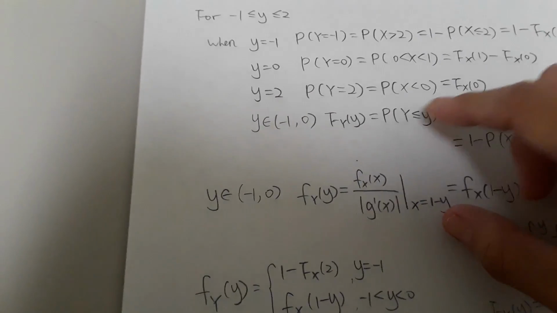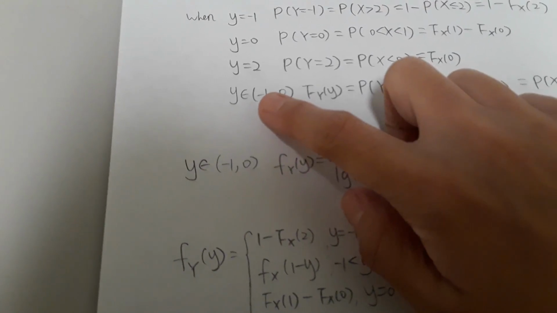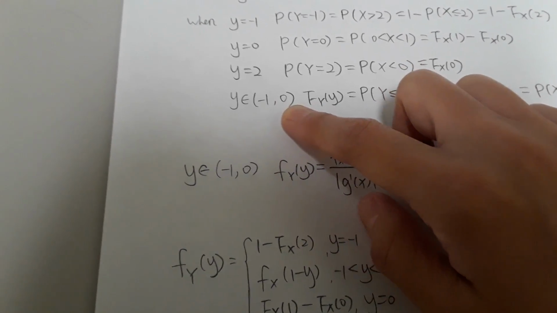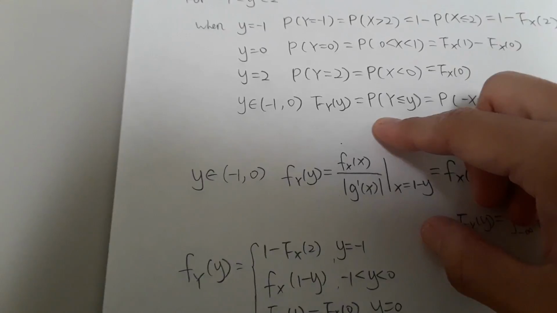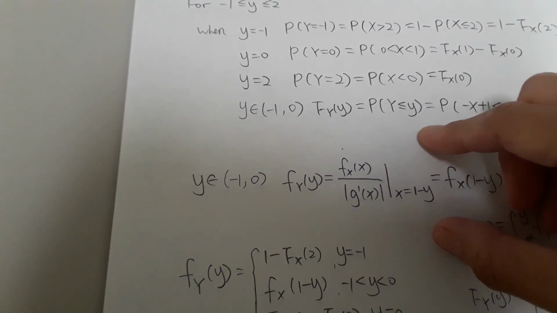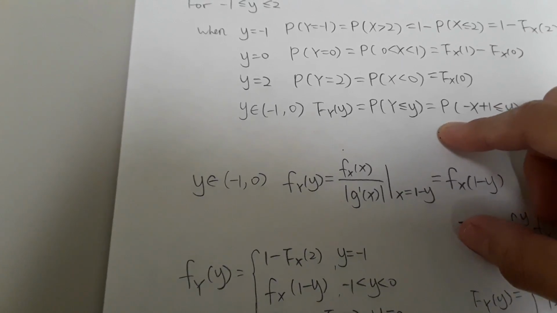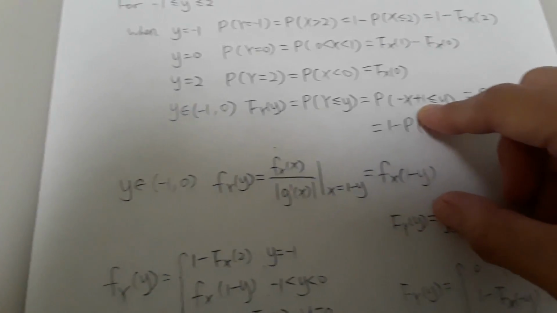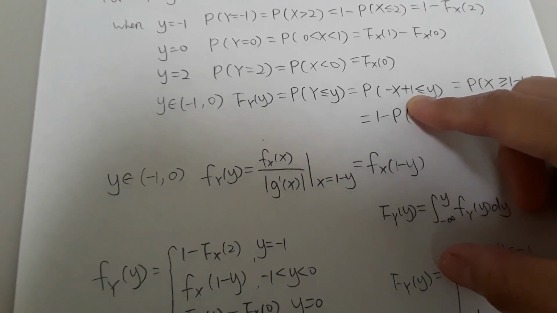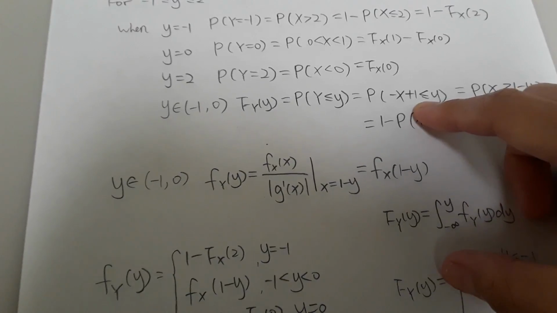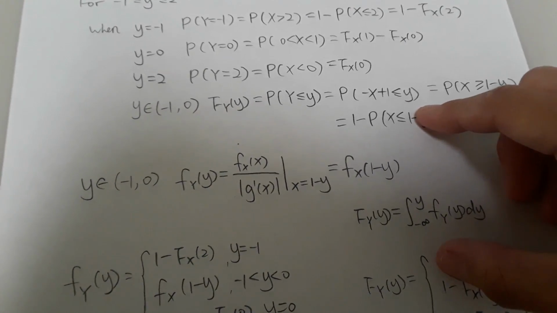And for y ranging between minus 1 and 0, the distribution function F_Y(y) equals the probability that Y is less than y, which equals the probability that minus x plus 1 is less than y.